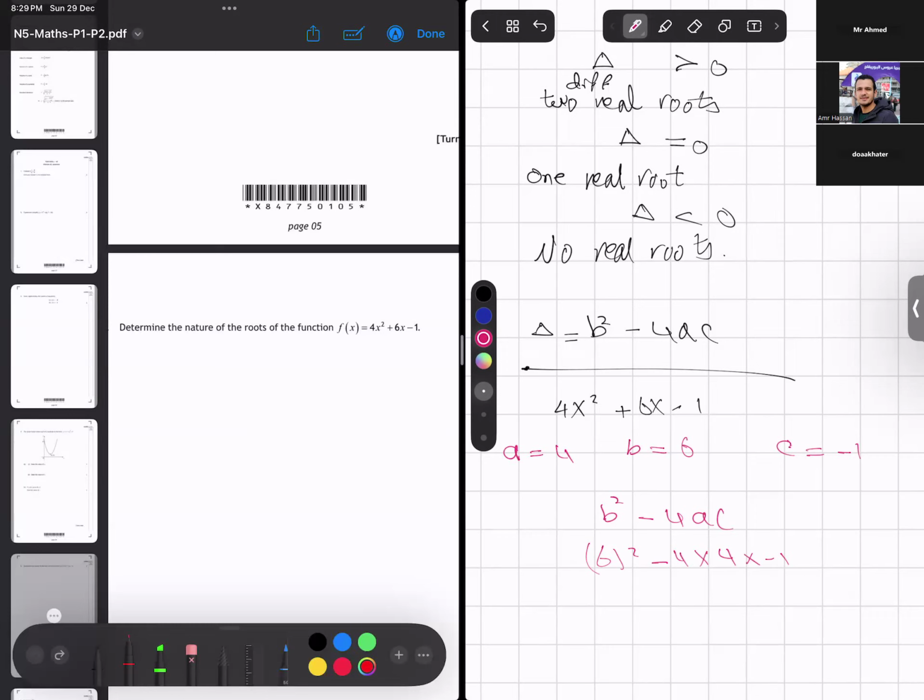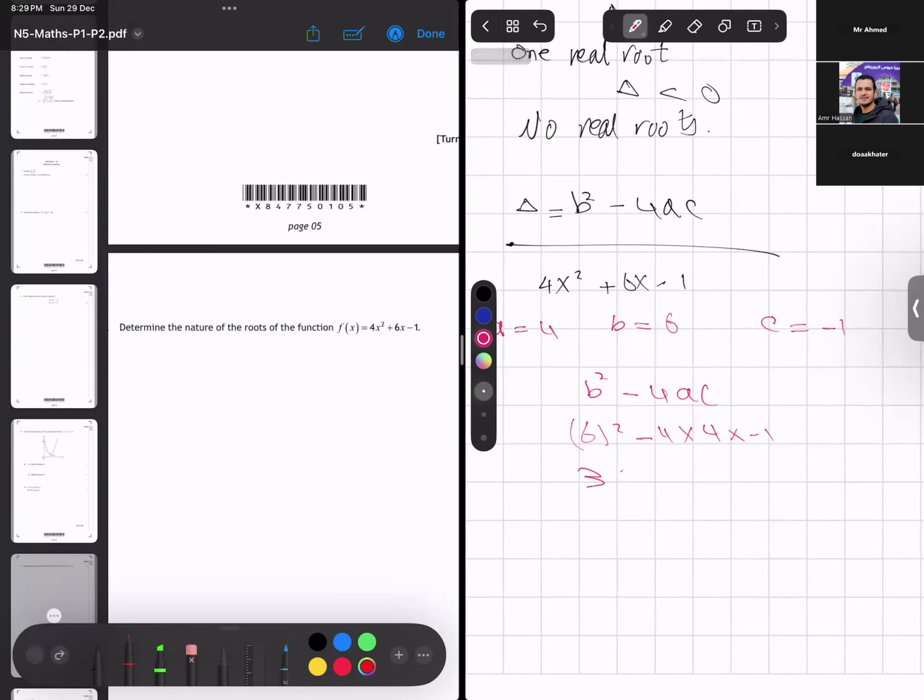Do you know why? This one's going to be 36. We have a double negative together, which makes this one positive 16. If we add them together, we end up with 52. I think it's obvious it's greater than 0. Since we ended up with a positive number, it makes sense that we have two different real roots.